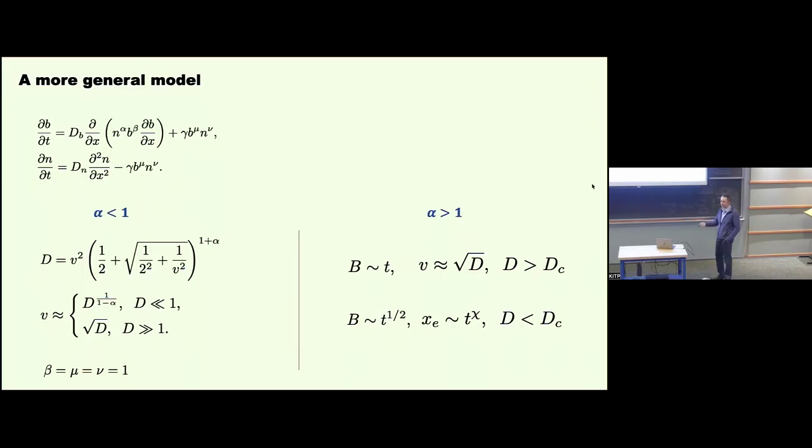Alpha equals 1 is the case I've talked about most of this time. And when alpha is bigger than 1, you again have two regimes, a linear regime and a different regime, but now there's some subtleties. So the biomass always goes as t to a half, but now the position would go with an exponent less than a half, because not only is the colony going to grow horizontally, it's also going to thicken as a function of time.